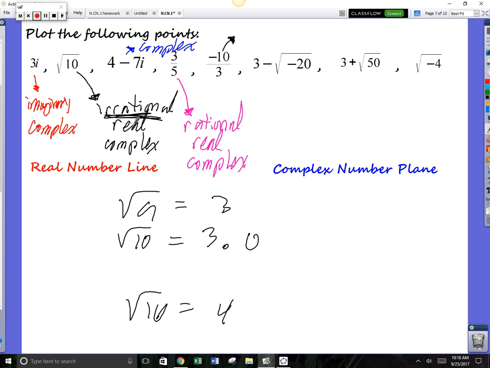They're the numbers that cannot be expressed as a fraction. They're decimals that go on forever with no pattern. So if you do negative 10 divided by 3, it's like 3.3333333. So it's a decimal that goes forever, but it's got a pattern. So this one is rational. If it's rational, it is real. And if it's real, it is complex. So this belongs to like 3 sets.